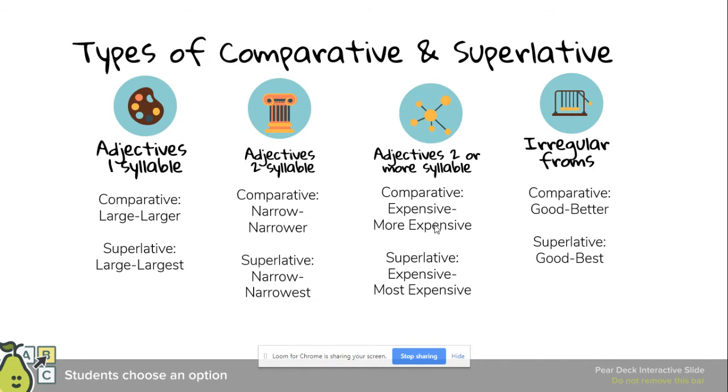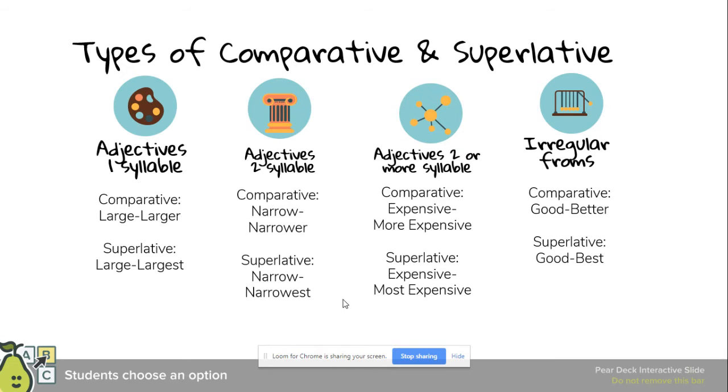And then when it comes to superlative form, the expensive turns into most expensive. So lebih mahal, paling mahal. Expensive. So it has three syllables, right? Yeah, so it is more than two syllables.